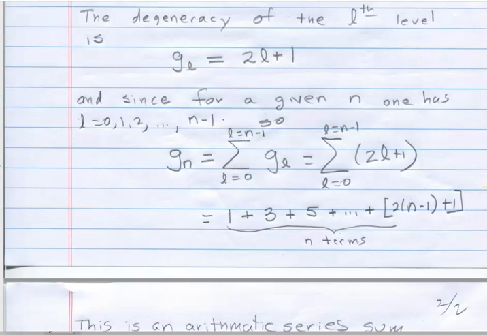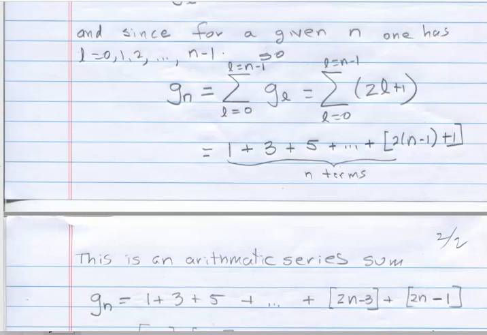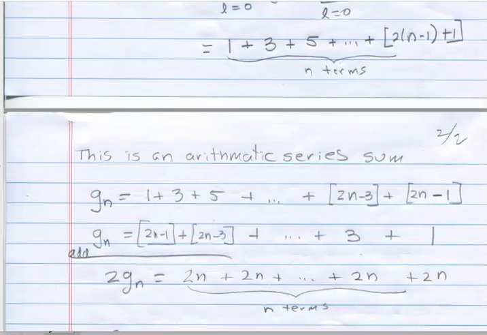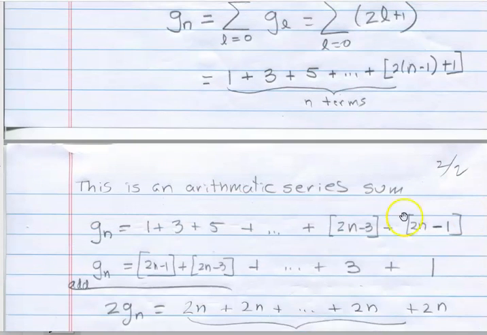You can go and look up the formula for arithmetic sums, but I never remember it. So rather than look it up, what I do is I just derive it each time. What I'm going to do is write this series out just like I have up here, the sum of all of these.